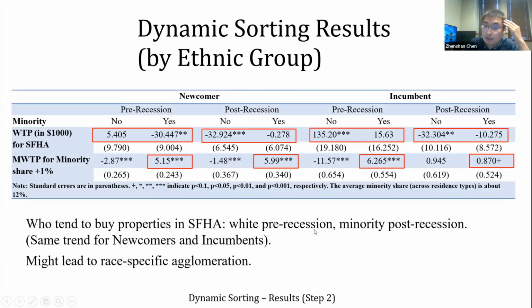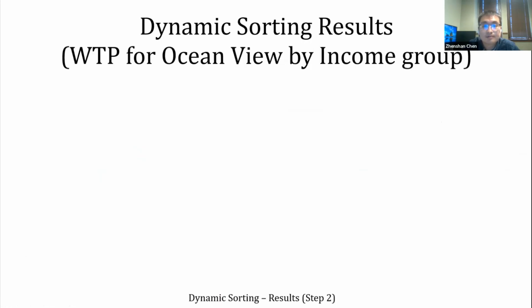We think that might lead to, or at least there's some kind of momentum to raise, ethnic agglomeration. And you can also tell that from the fact that minorities tend to pay a positive amount for an increase in minority share, while non-minorities tend to pay a negative amount of money for an increase in minority share.